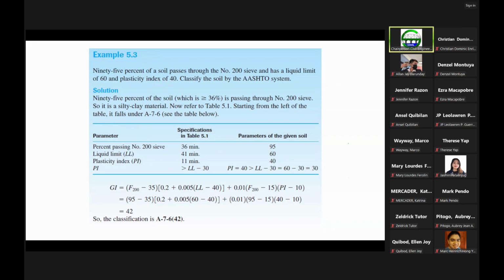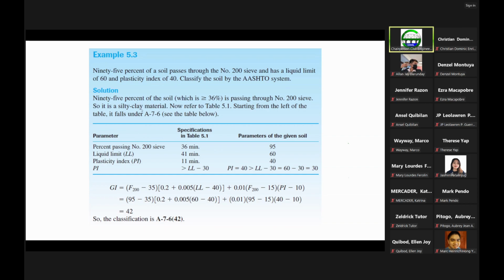Based on what you got from the lab, for example, 95% of the soil passes through the number 200 sieve. That's also called minus number 200.